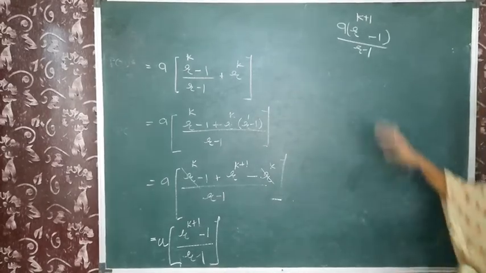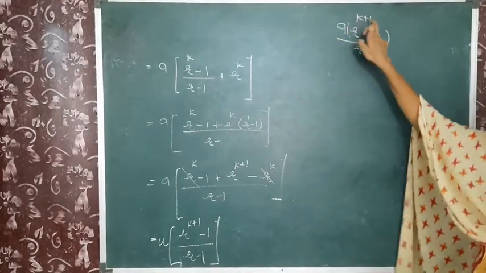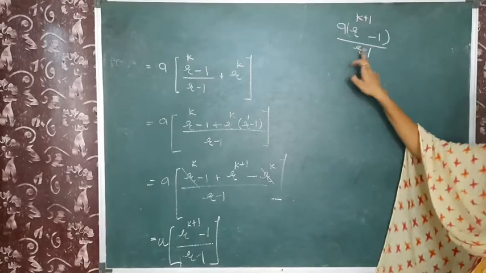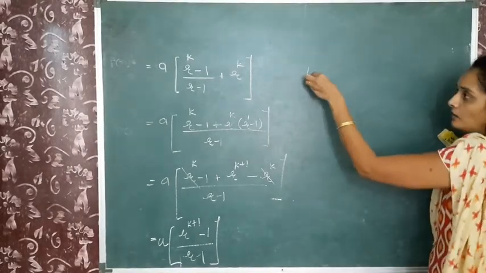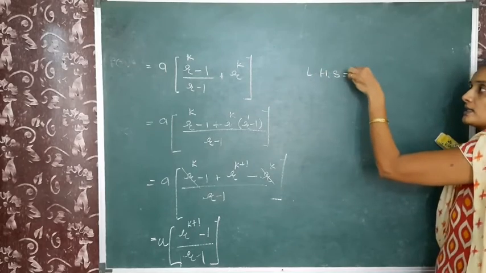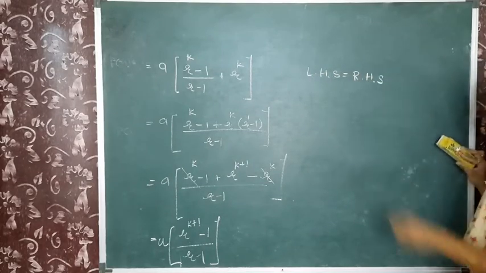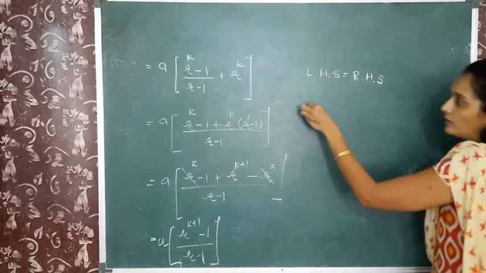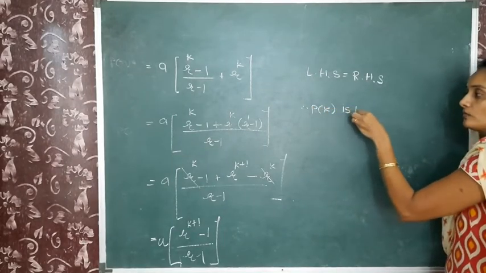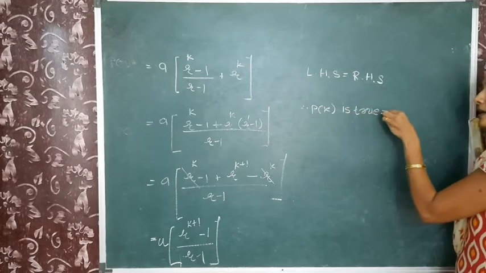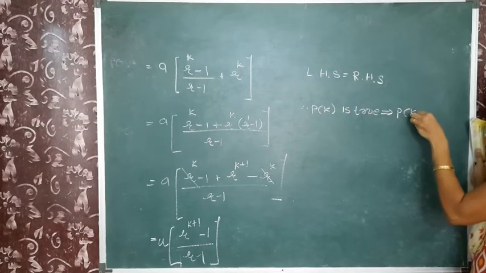And we want this: a(r^(k+1) − 1) upon (r − 1). So we can say that LHS is equal to RHS. And therefore P of k is true implies P of k plus 1 is true.